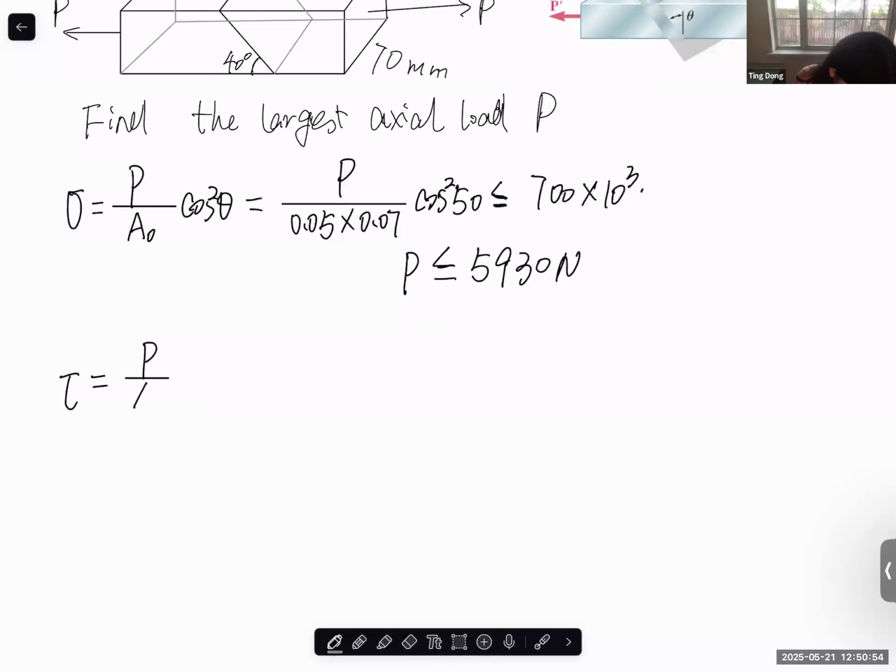P A naught sine theta cosine theta, and again, theta equal to 50.